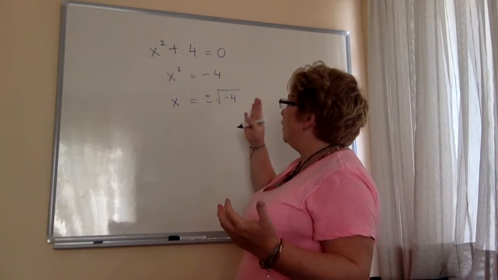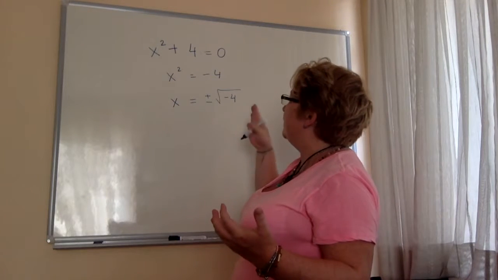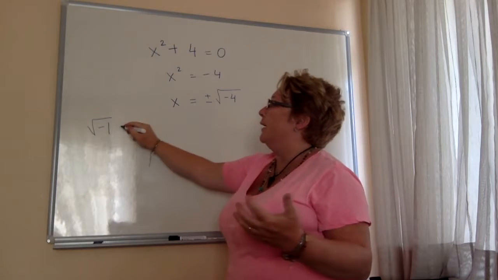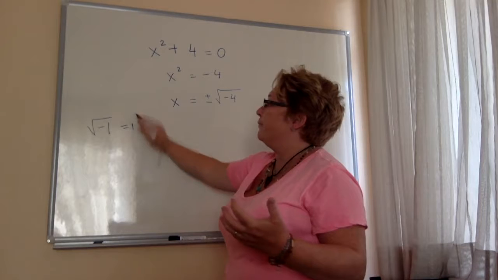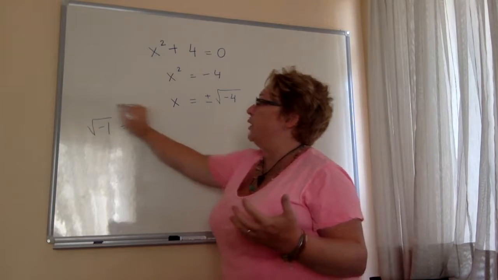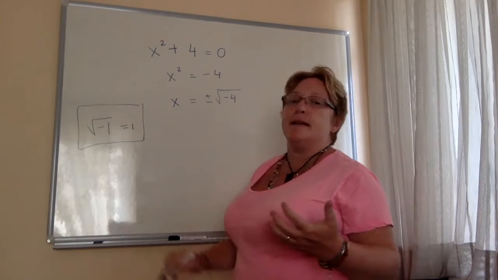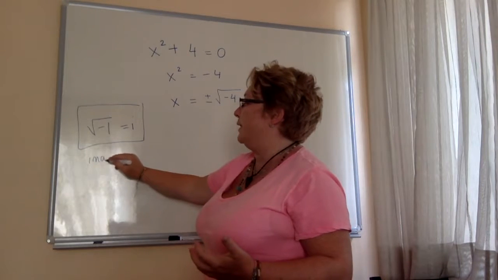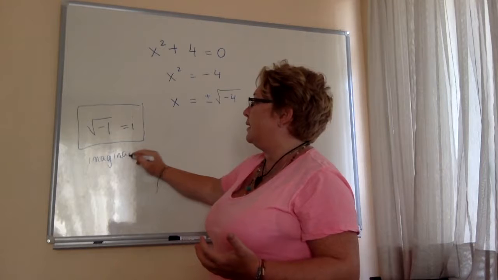So to define what the square root of minus 4 is going to be, we need to first define the square root of negative 1 as i. Now, i, or the square root of minus 1, is the imaginary unit. Okay? It's called the imaginary unit.